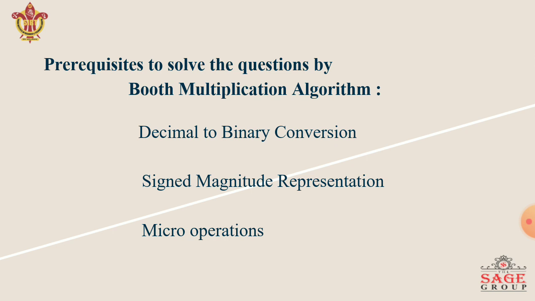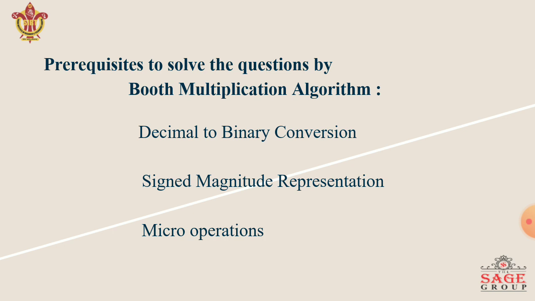0 represents the positive sign, and for the minus sign, we have three different methods. Number one, in the first method, 1 directly represents the negative sign.